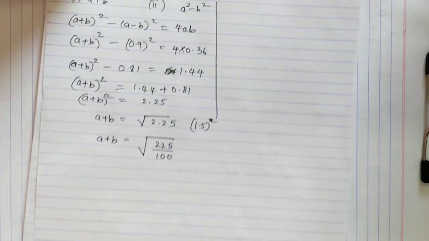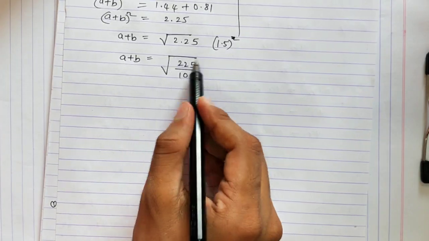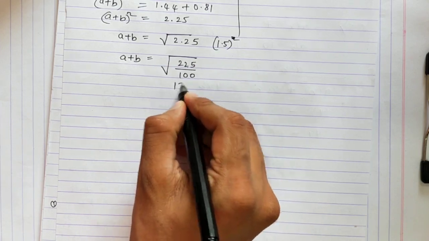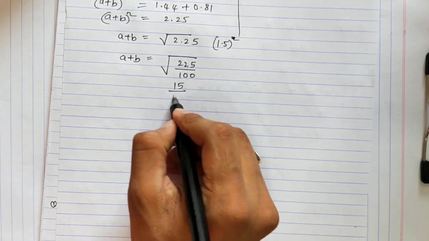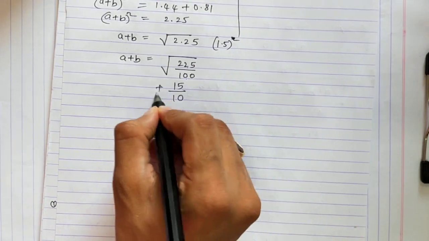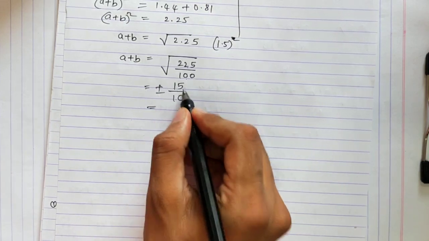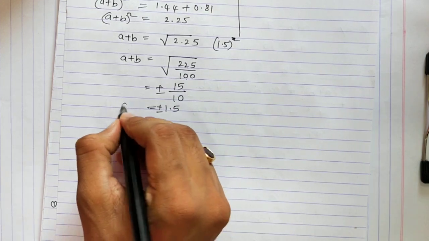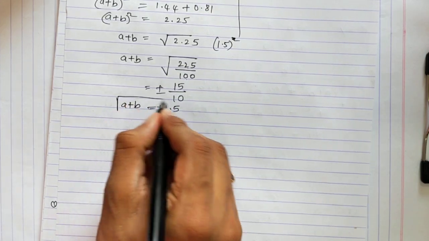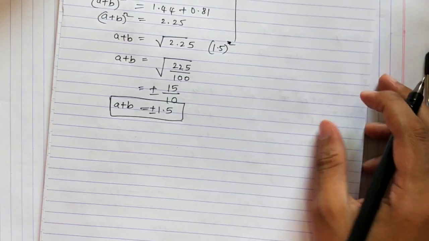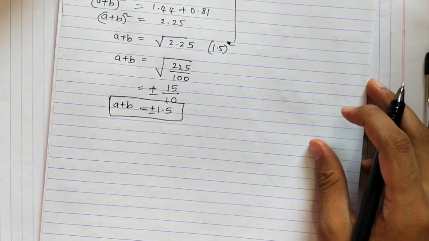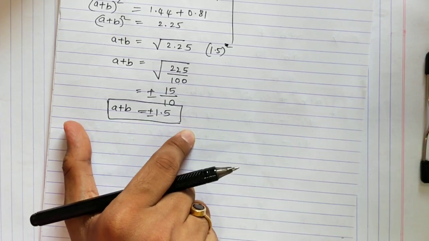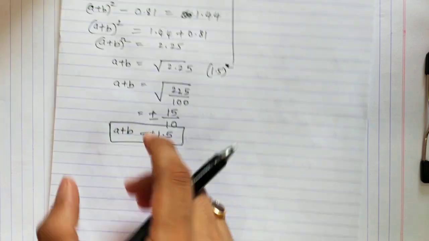Then square root of 225 is 15, square root of 100 is 10, and plus minus sign will come. So 15 upon 10 means it is 1.5. Plus minus. So A plus B is plus minus 1.5.